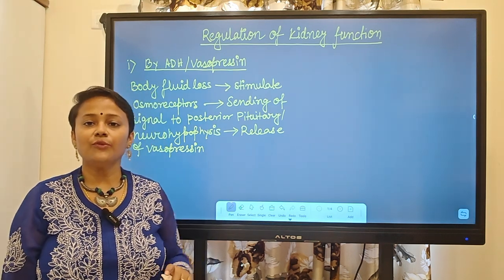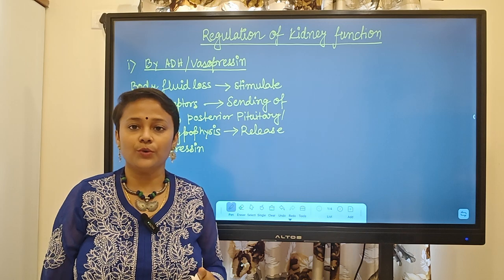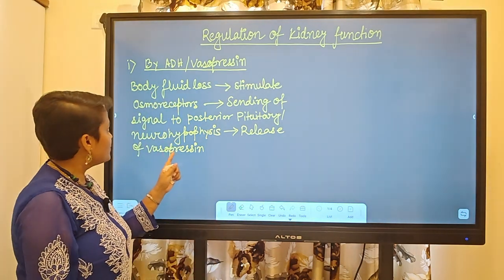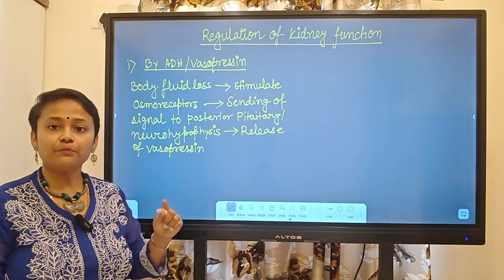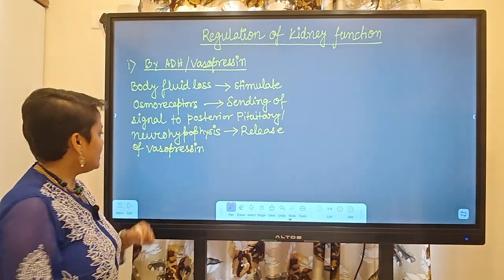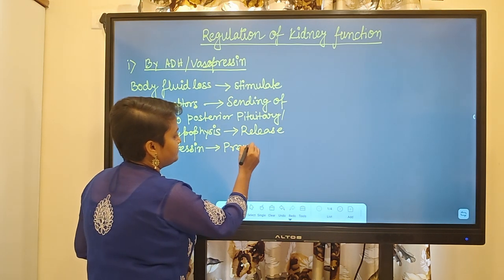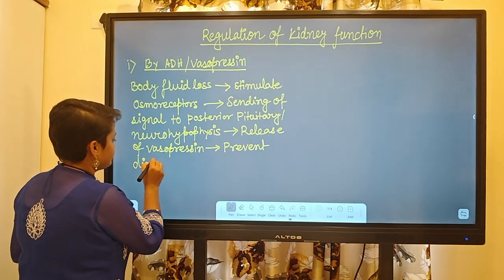Diuresis is the release of water through urine, meaning more urine will be produced if there is diuresis. But this hormone will help in anti-diuresis, meaning it will prevent diuresis. So here vasopressin will prevent diuresis.